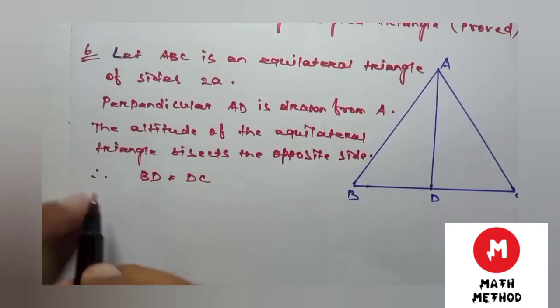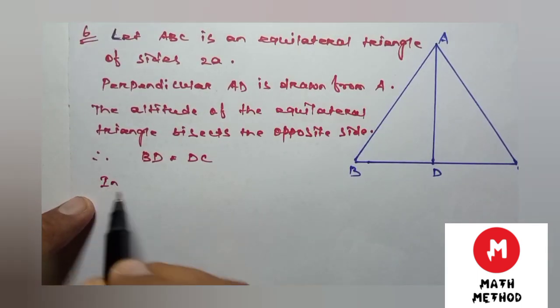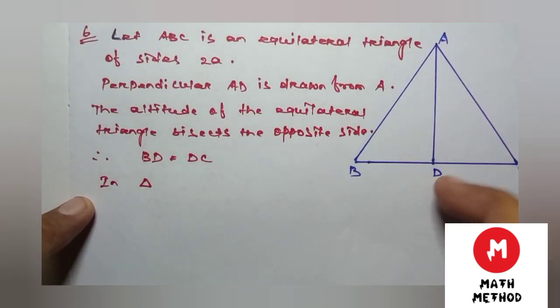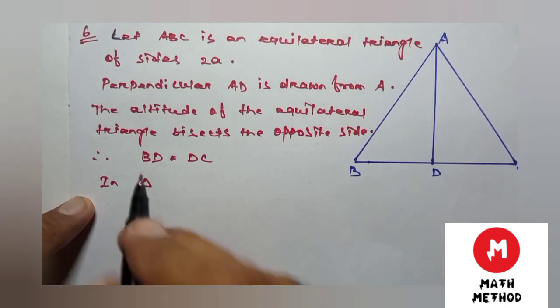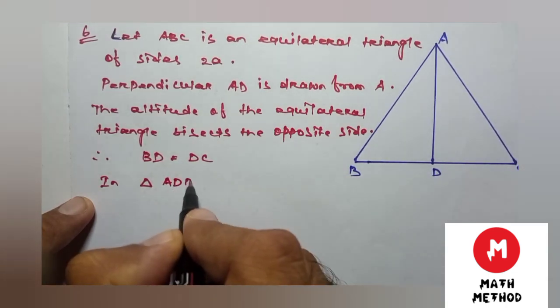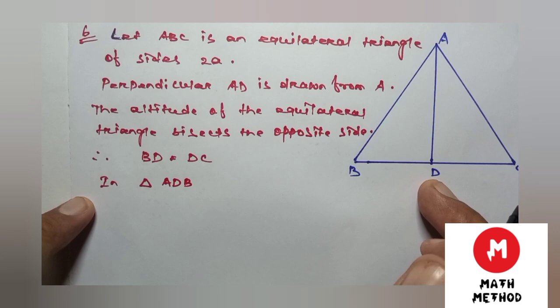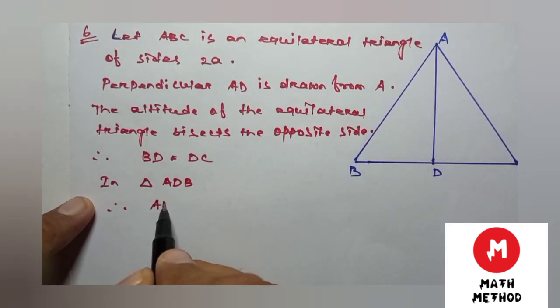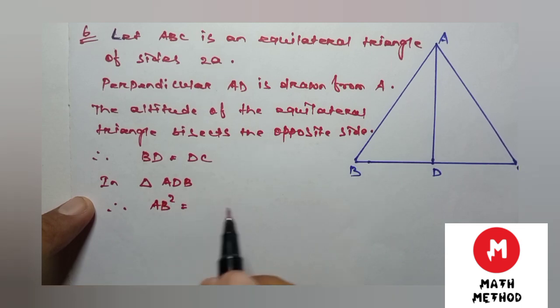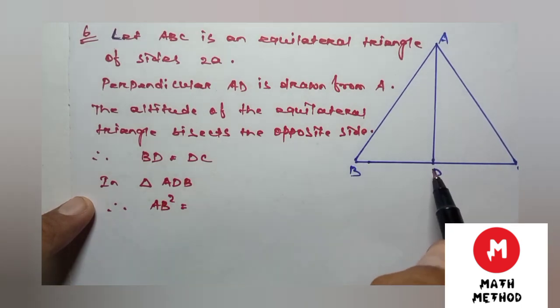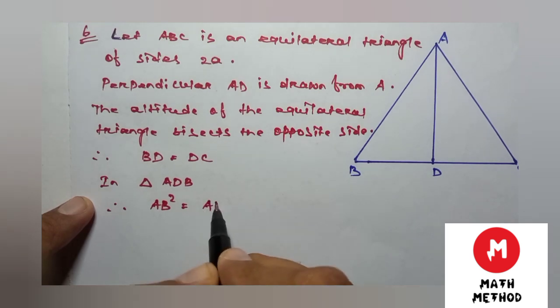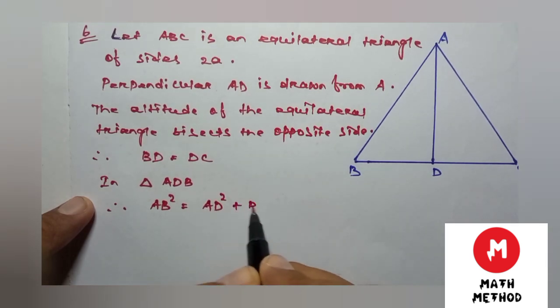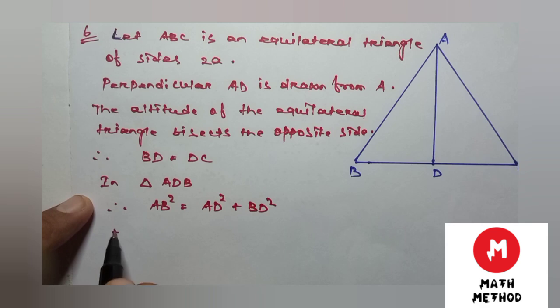Now in triangle ADB, here angle D is equal to 90 degrees. Therefore here AB is the hypotenuse. AB square is equal to AD square plus BD square. Here it is given that AB is equal to 2A.